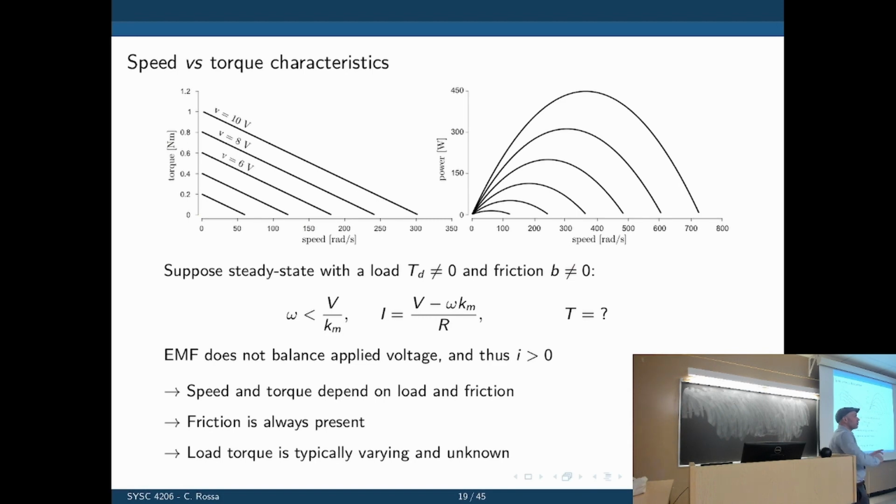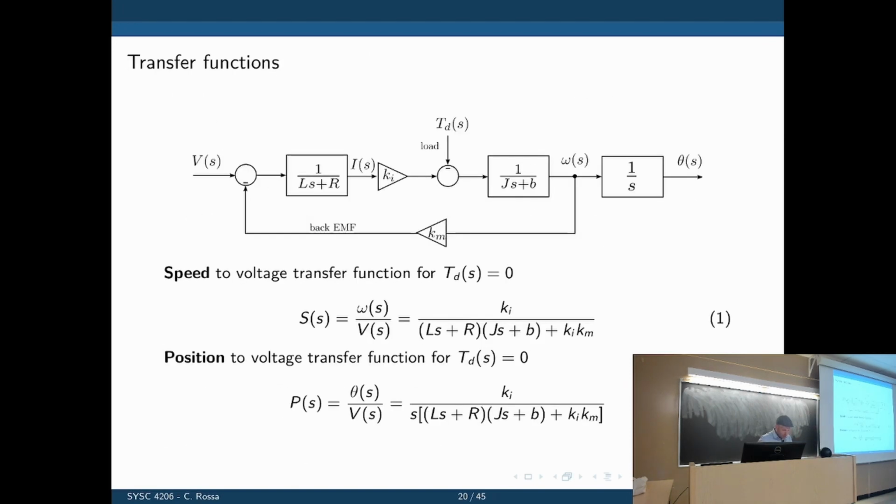Because now I have to provide more torque to overcome the torque that I'm applying to it. That's one way to see it. Another way to see it is the current increases because perhaps the speed decreases. And if the speed decreases, the net voltage that creates a current is higher. Therefore, the current will also increase. So that's how it actually works.